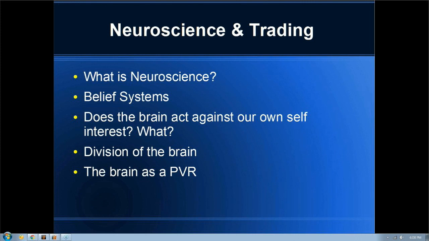Now, to start off with something shocking, or maybe shocking to a lot of you, our brain very, very often acts against our own self-interest. Now, some people may go, just much like I said with multitasking, well, that's crazy. How do I act against my own self-interest? But believe me, it happens all the time.